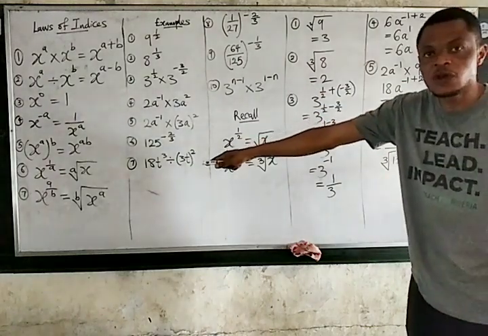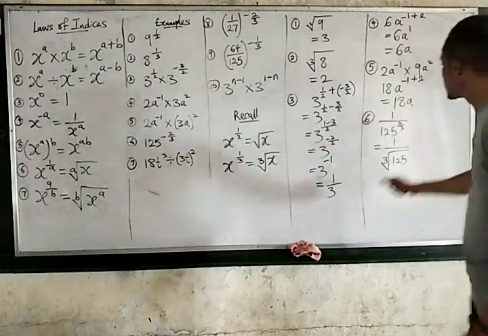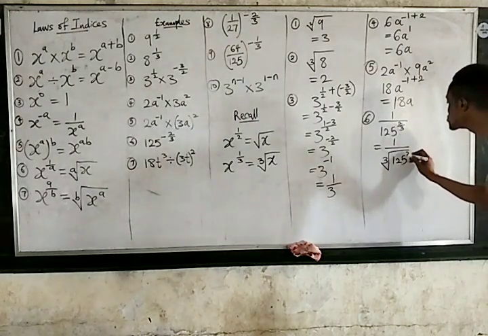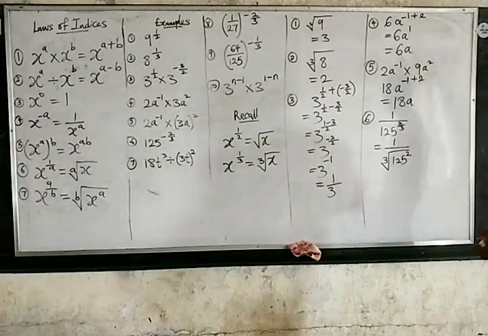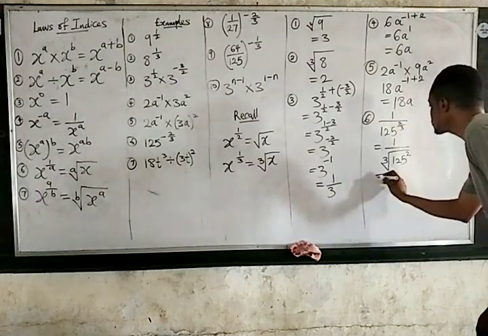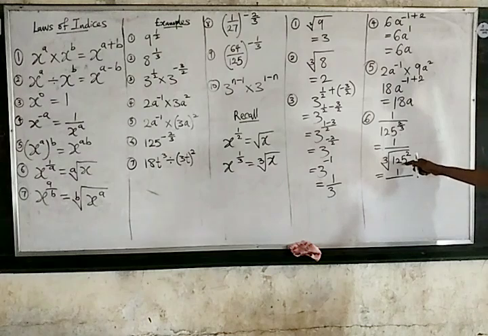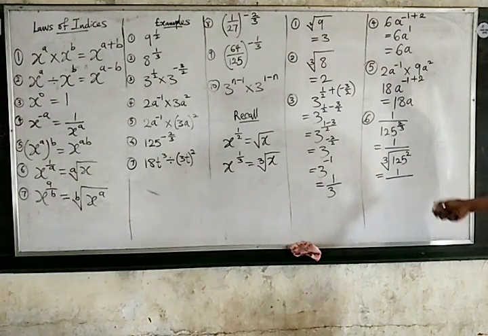From the 7th law of indices, it happens to be a. Here we can implement it by having 2 as our power, because this 2 is serving as the a. So 1 all over the third root, or the cube root as you may call it, of 125.